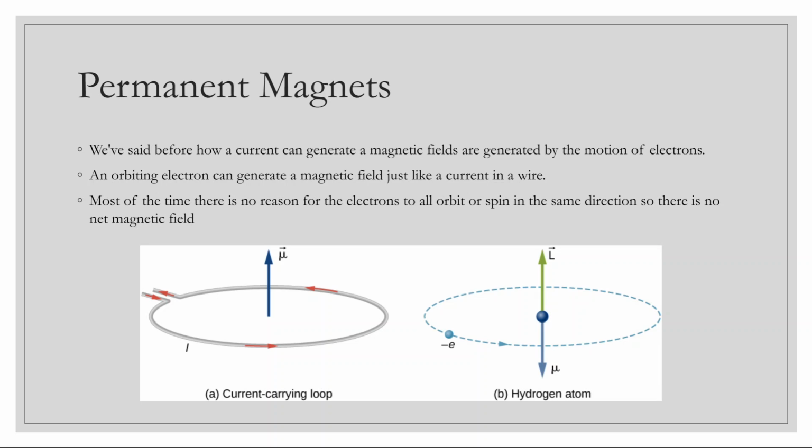So you can actually generate a small magnetic field with just a single electron, as long as it's still moving. If it's moving in a circle in the same area, it's going to continually generate a magnetic field. And so we can get magnetic fields caused by the spin of electrons in atoms.